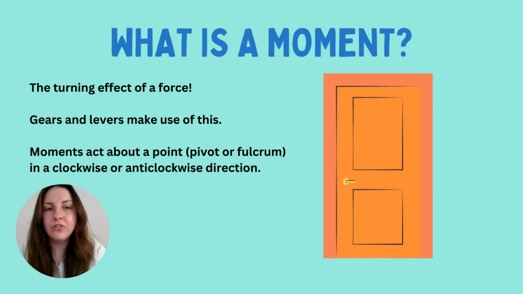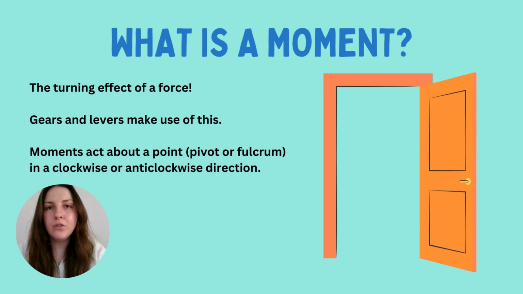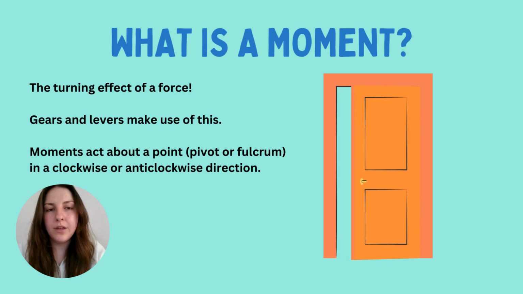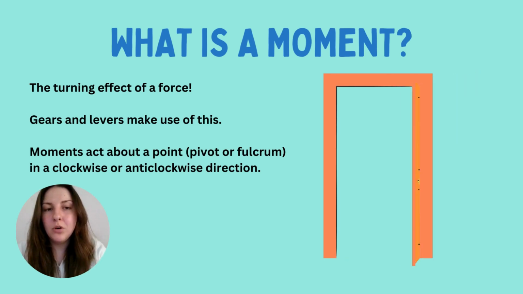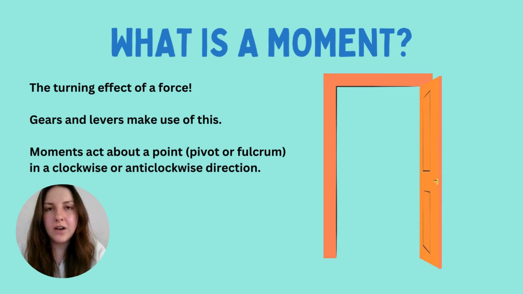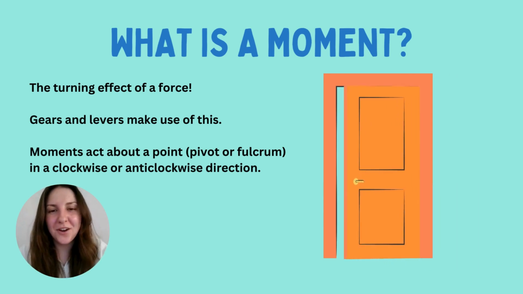The hinge is the pivot. You'll find it's much easier to push the door open the further away you are. However, if you try again to push the door open closest to the hinge, you'll find it's really difficult. Have a go at it and let me know in the comments below.